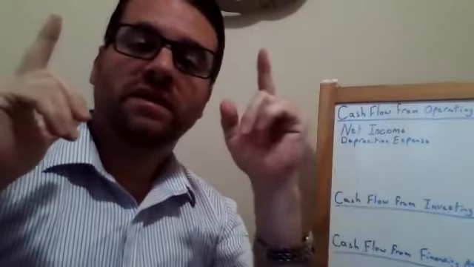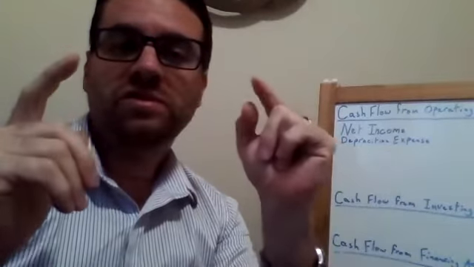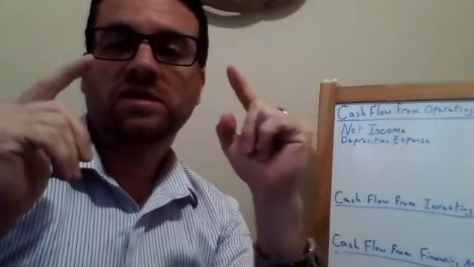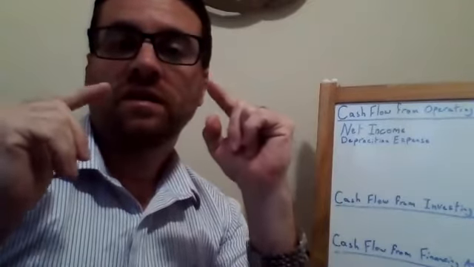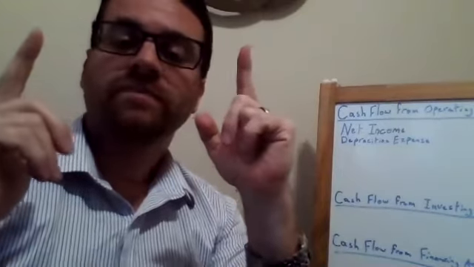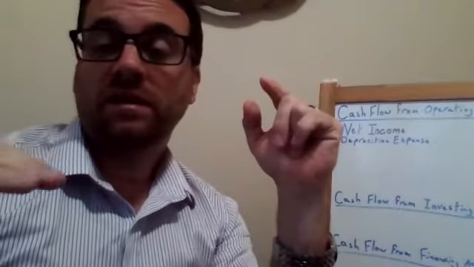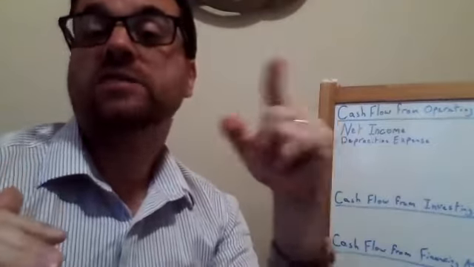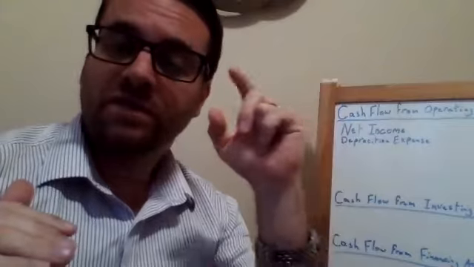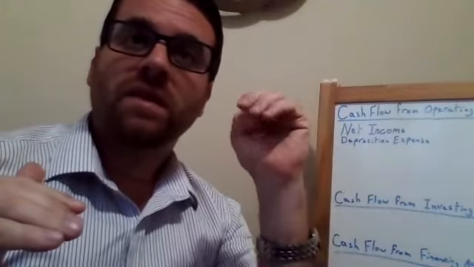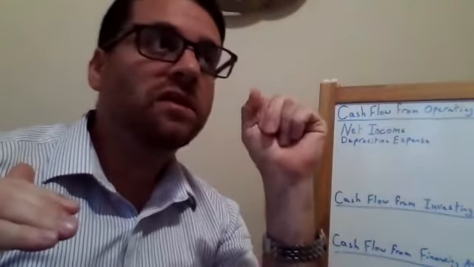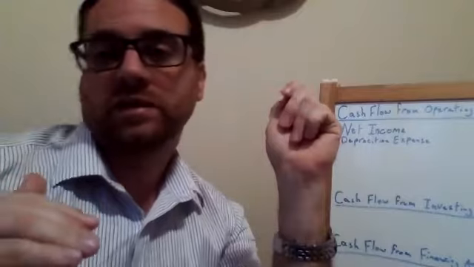But here's the thing. The income statement shows you revenues minus expenses on accrual basis, all right? So if you subtract expenses from revenue, it gives you the net income. The net income does not really mean net cash received, right? It's the net income regardless if we already received that cash or not yet.